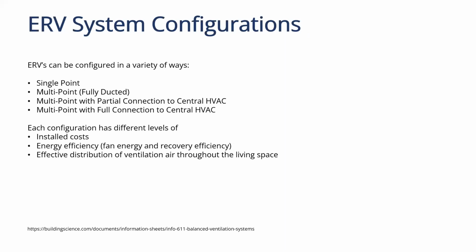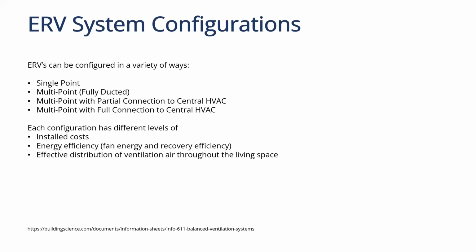Okay, so a couple different system configurations. Basically you have single point, a multi-point fully ducted, a multi-point with partial connection to the HVAC, and then a multi-point with full connection. Each of these options offers varying installed costs, energy efficiency, both from the fan and the recovery unit itself.